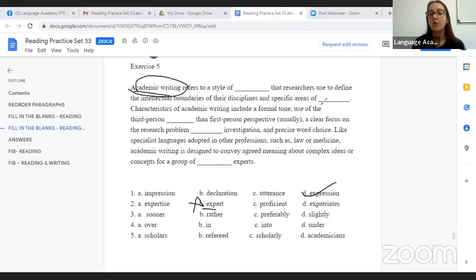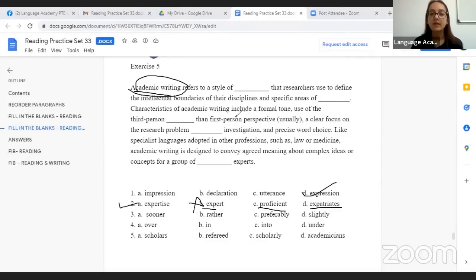Areas of, with of, means which areas are they talking about. Proficient is an adjective. Proficient, you must have heard, proficient English, superior English that we need for our permanent residency. And expatriates is a verb. So areas of expertise is at least a thing. Then what is their area in which they are expert? That is called areas of expertise.